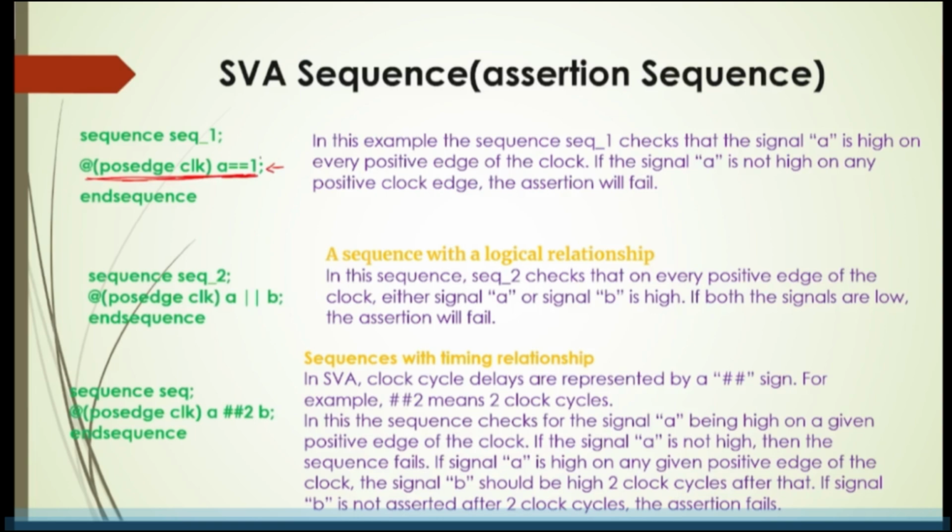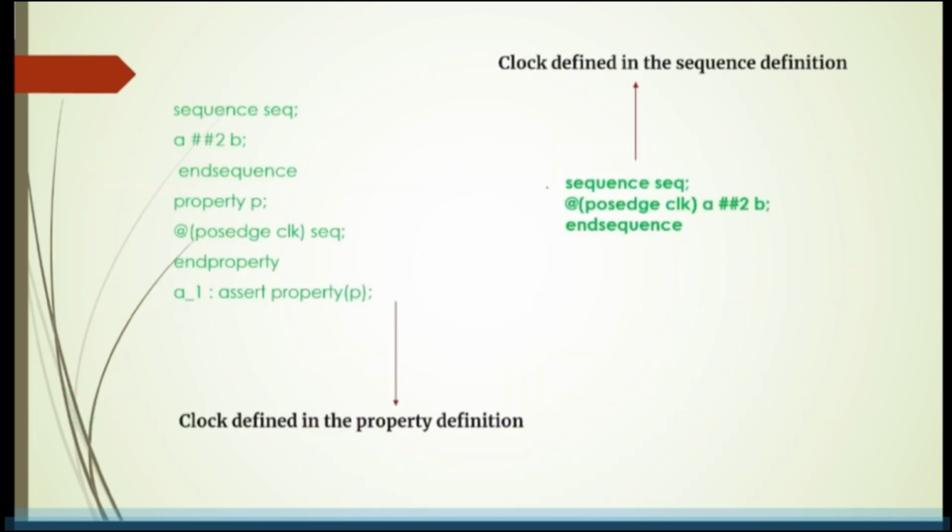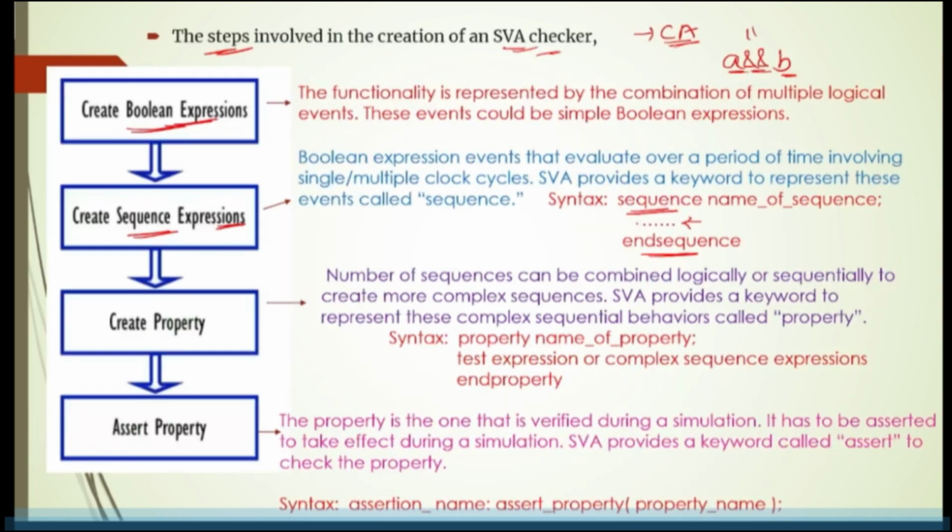So this is the sequence. You can have either a single sequence or many sequences. If there is only one sequence, you will be writing only one sequence and ending. If you have two or three sequences, you will write two or three sequences in a similar manner.